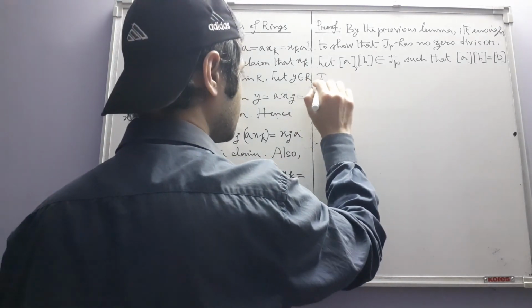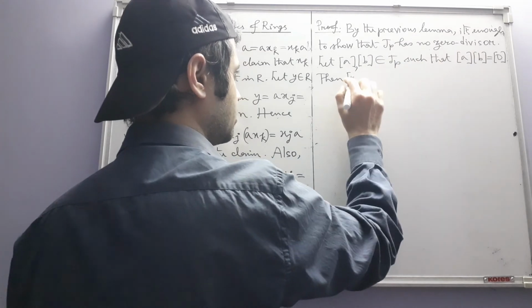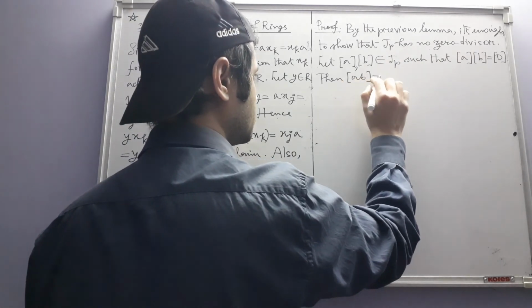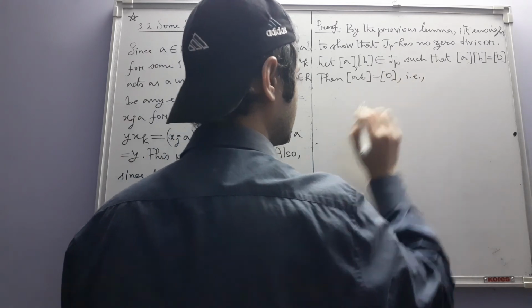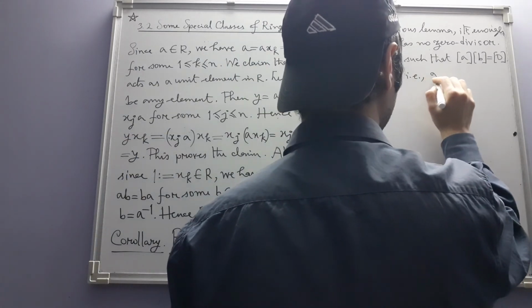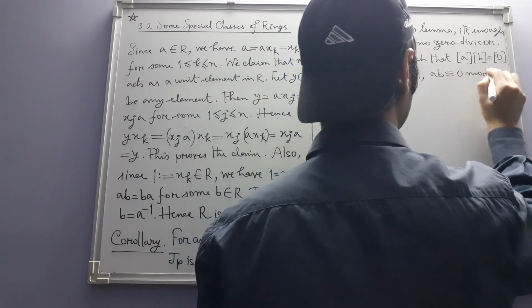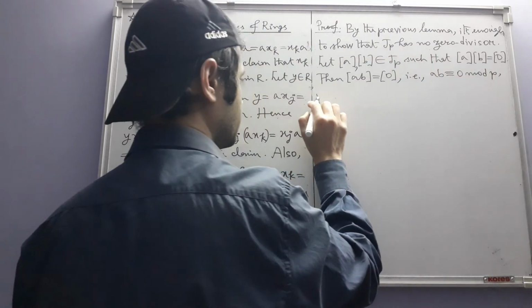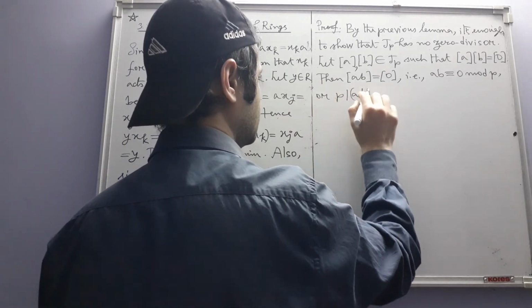Then what is the definition of this product AB? That is, AB is congruent to 0 mod P, or P divides the integer AB.